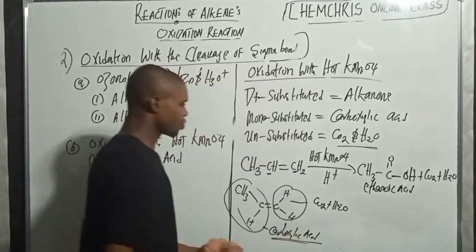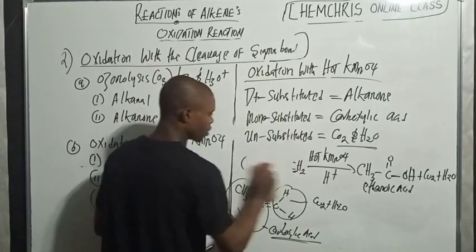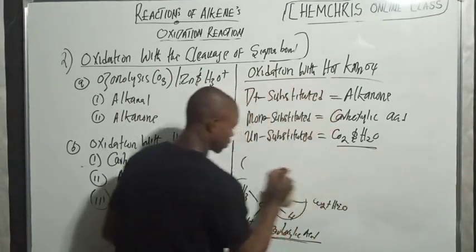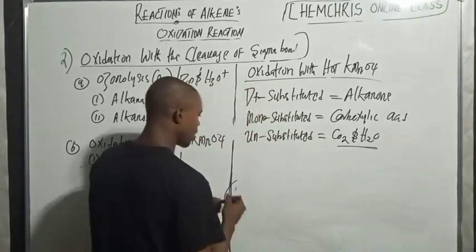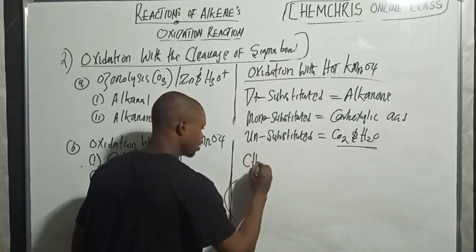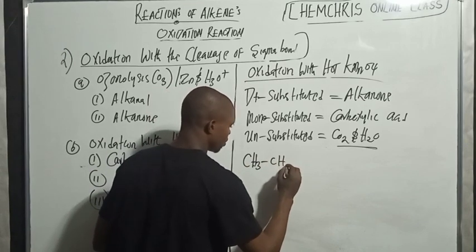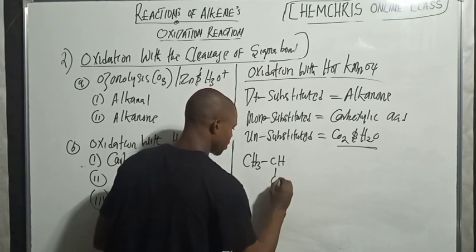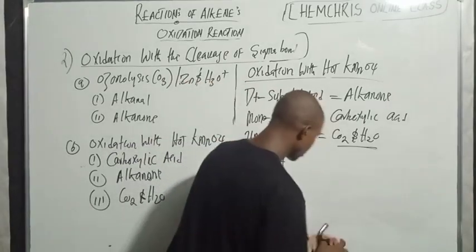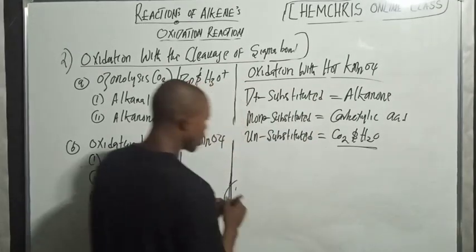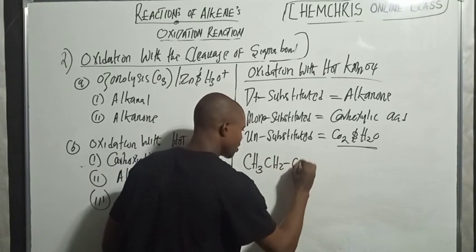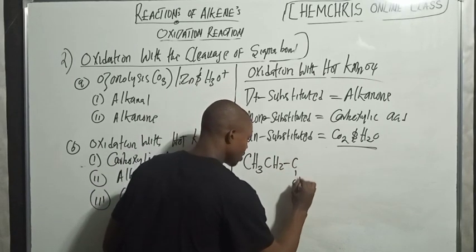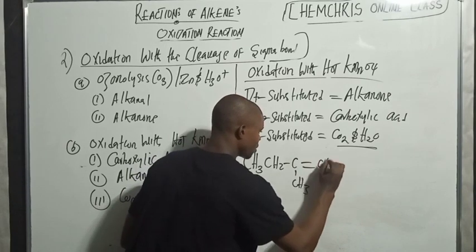Now let's look at another one so you understand. If for example here we have CH3, CH, C, so here we have CH2, CH2, C, CH2, CH, CH2.